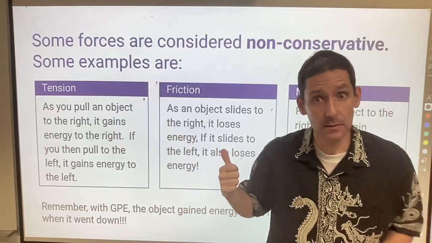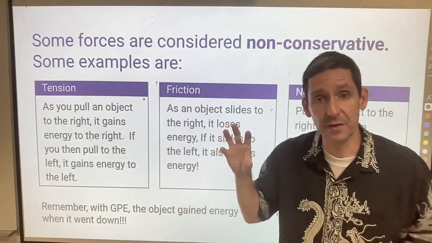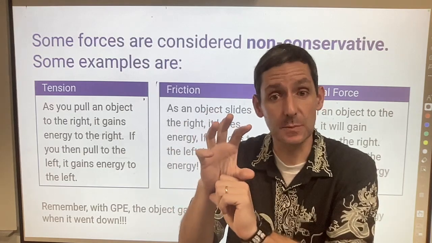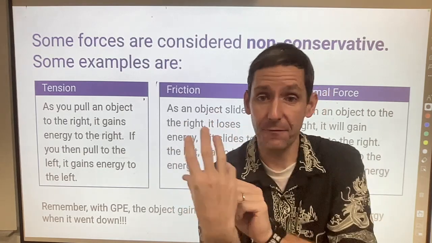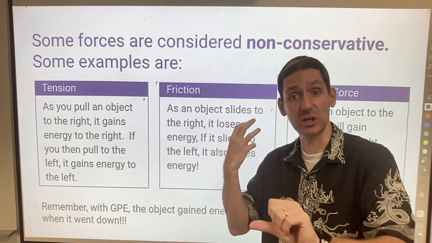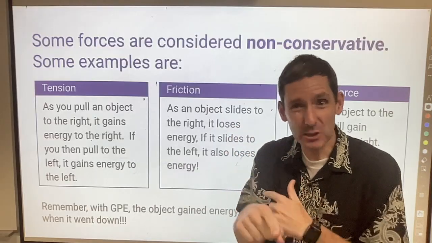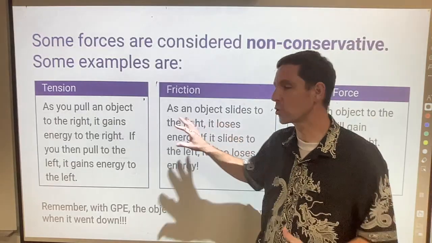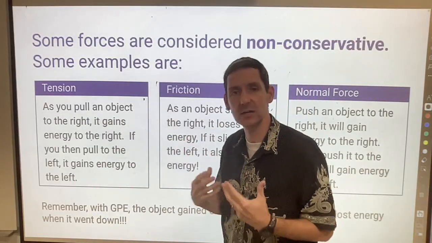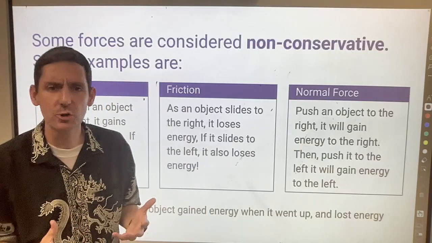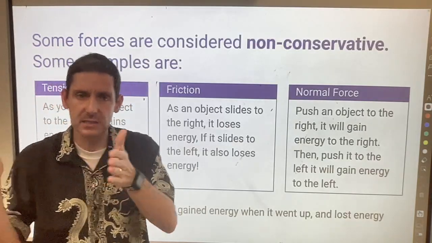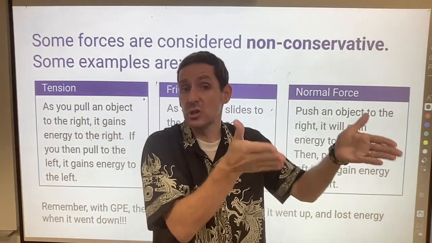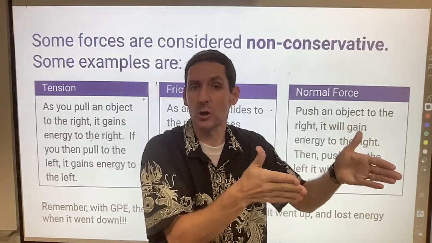Friction is the opposite, right? Friction is if I move this way, friction opposes me and I lose energy. And then if I slide the object back the other direction, again, friction opposes it and I lose energy again, right? So these are great examples of non-conservative forces because I'm going to lose energy. If I drag my box a certain distance, there's a certain amount of friction and I lose a certain amount of energy.